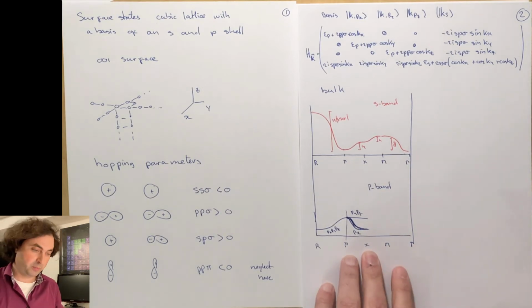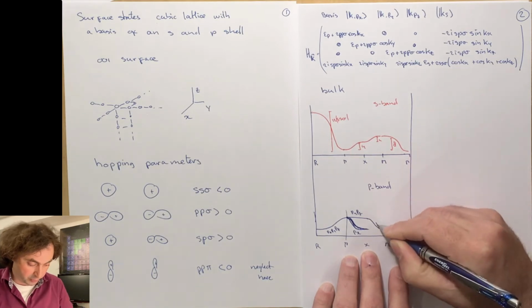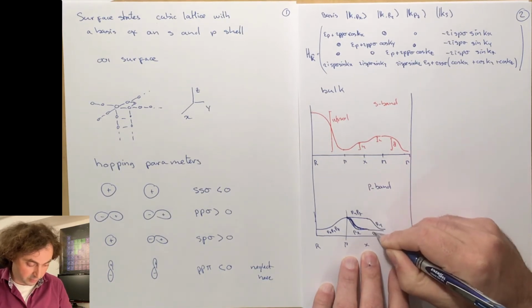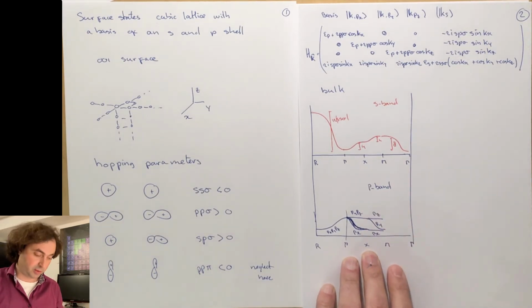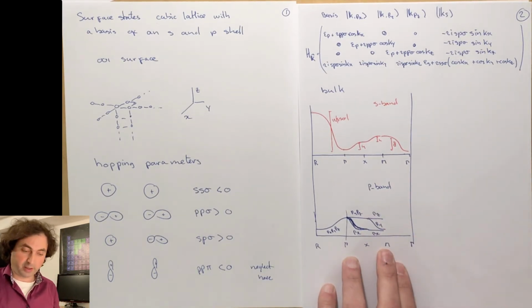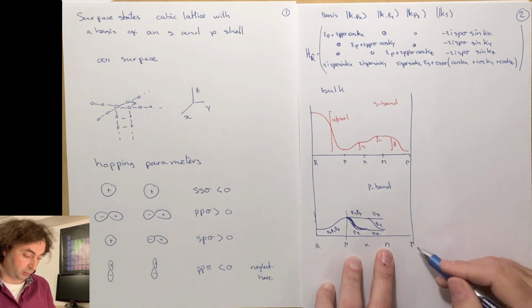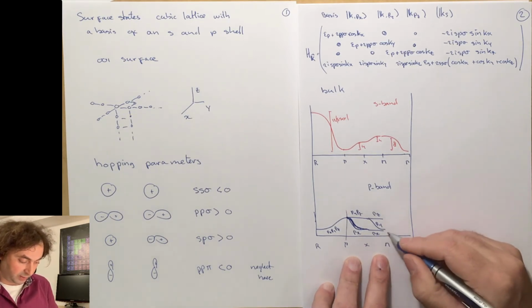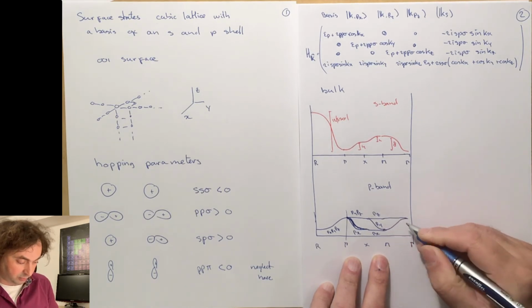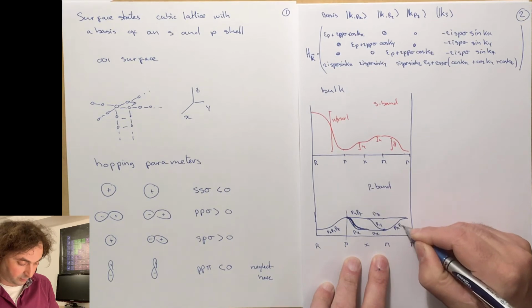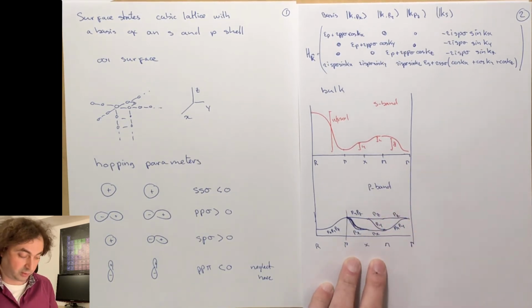Then from X to M we change ky, so the py orbital is dispersing, whereas the px and the pz bands do not disperse. And then from M to gamma we change from pi over a, 0, 0 to 0, 0, 0. So both the x and the y orbital disperse, and the z orbital doesn't. And we're back to a single band at gamma.